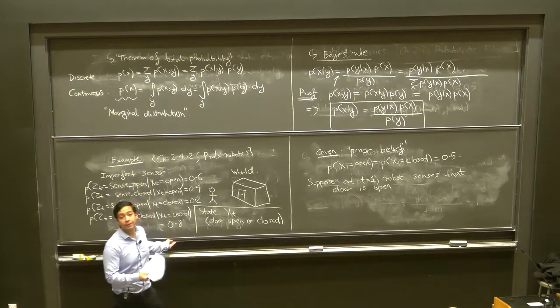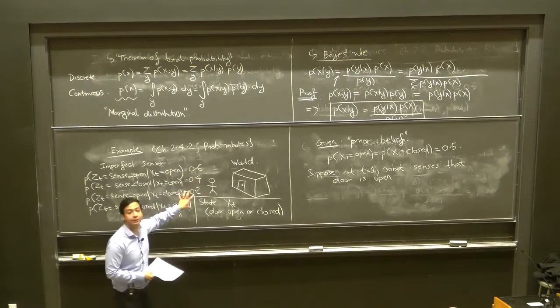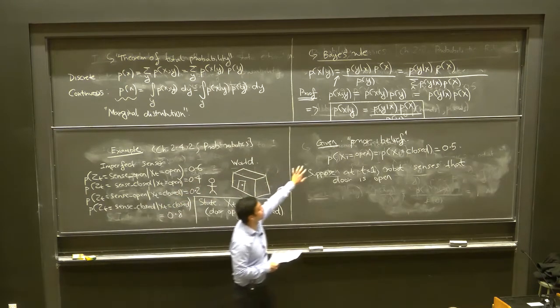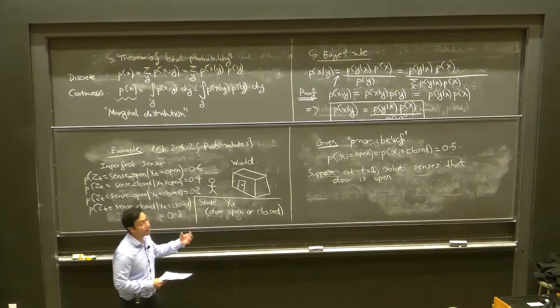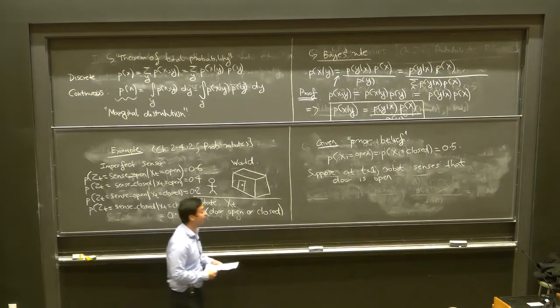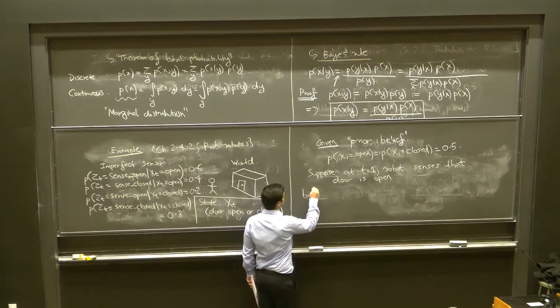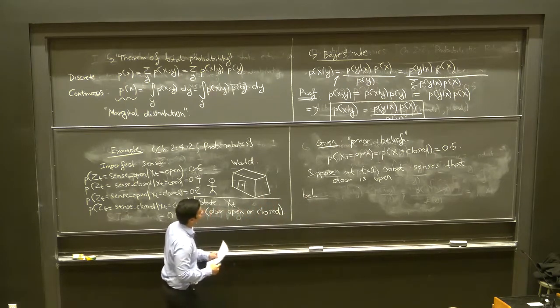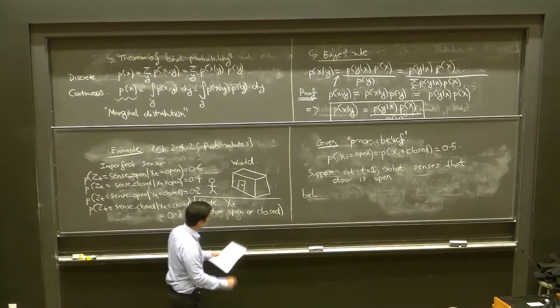Now, given this sensor measurement, what it knows about the error characteristics of the sensor, and its prior belief over whether or not the door is open, it needs to update its belief about whether or not the door is open. We're going to denote this updated belief by BEL, short for belief.